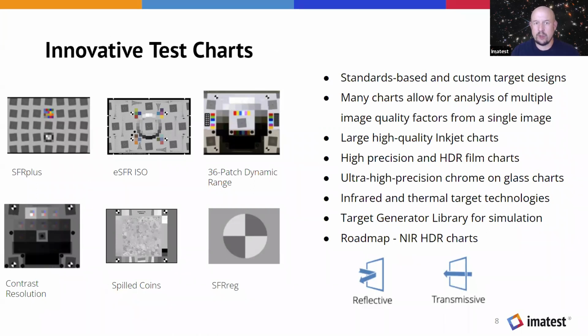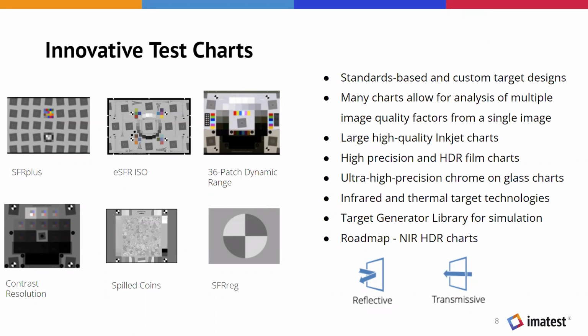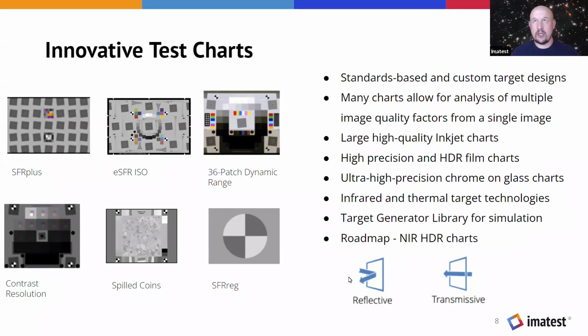And a lot of what we're trying to do is to test a lot of different features, a lot of different image quality factors with a single test chart. 那我们的目标就是缩短大家所测试需要的时间，还有过程。所以在我们这些很新的开发出来的测试图卡里面呢，可以在最短的时间，在一次的测试里面，就可以给大家最多的测试结果，还有需要的功能去测试画质。 So our chart technology includes large, high-quality inkjet prints, smaller, higher precision film targets.